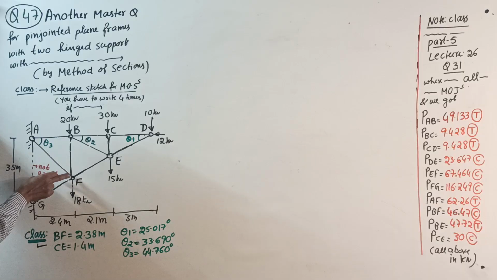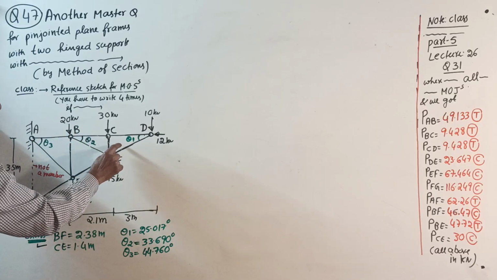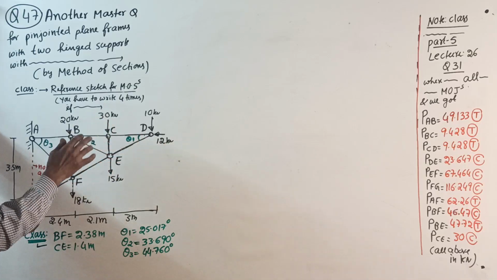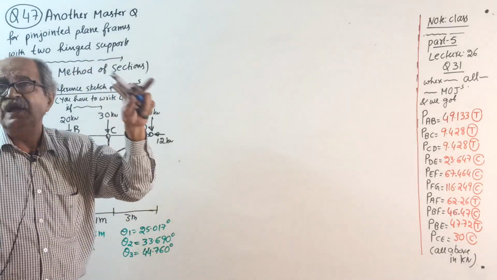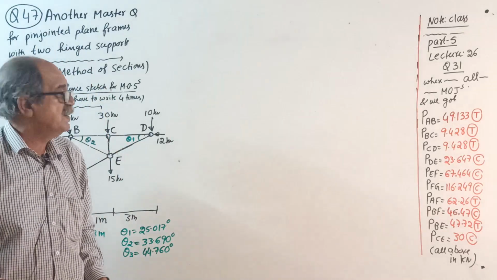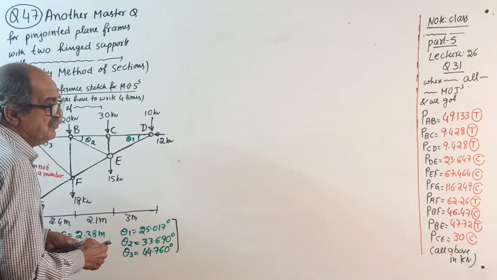Suppose the first question involves this member, this member, this member. If that is the question, you find only theta 1. Don't waste time on theta 2. Whichever member you require, if that member is inclined, find the angle.